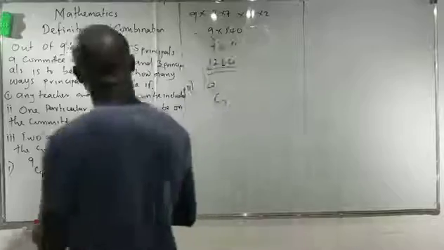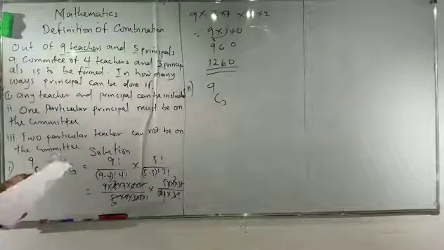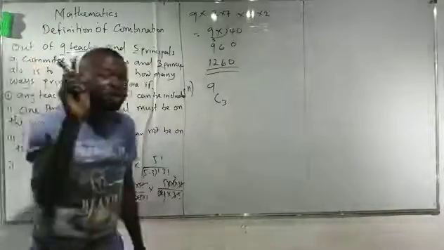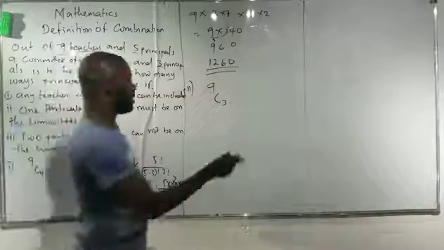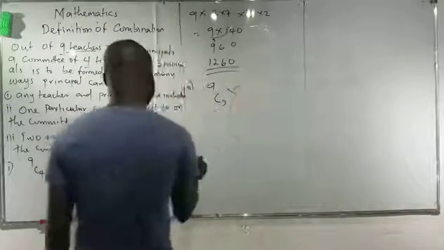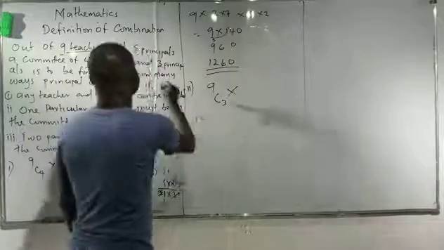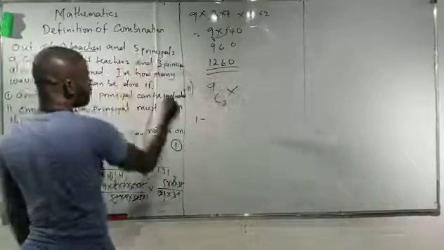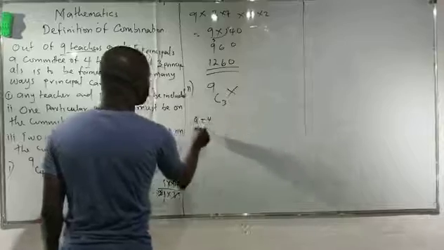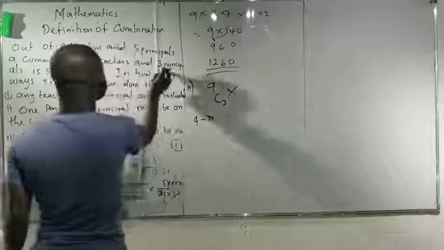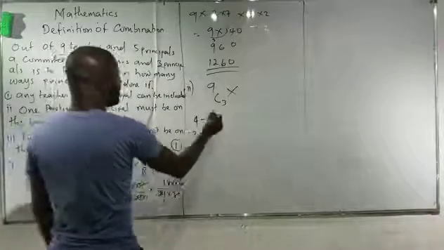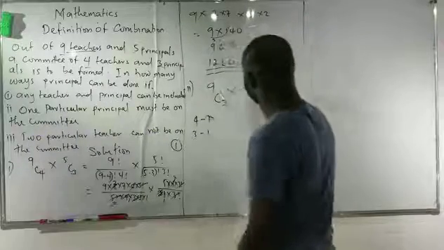Now, one particular principal must be on the committee, which means one of them is already there. If that one has been removed, it means the number of principals is 4 minus 1, and also I will have 3 minus 1. It means I'll be having 3. This one will be what?